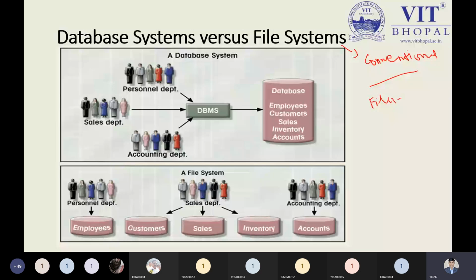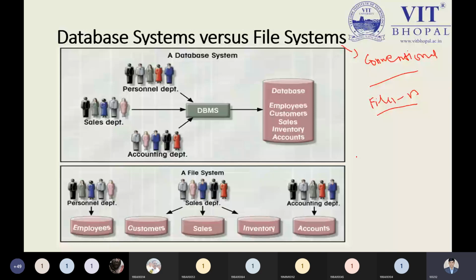Suppose we have an example like employee records, so we have to make an employee record file. We have customer records, a customer record file, in sales and inventory accounts. So we have a huge almirah, or a huge number of blocks, where we need to keep the files in the form of pages.